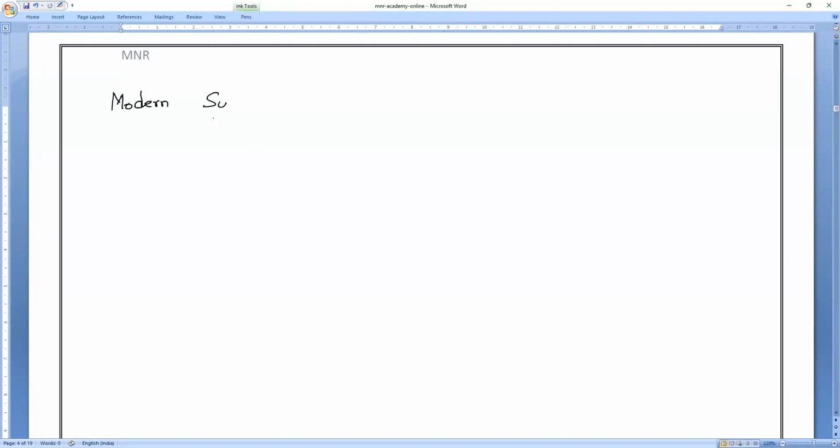So modern symbols of the elements. Why do we need these symbols, first of all? We have around 118 elements. It is not possible to remember every element by its name or by its properties. So to represent an element, we choose a particular symbol.